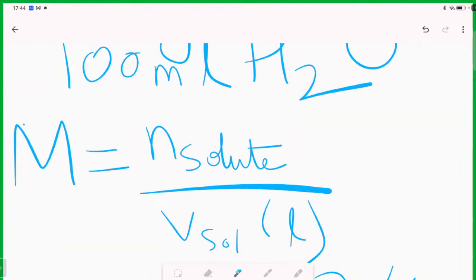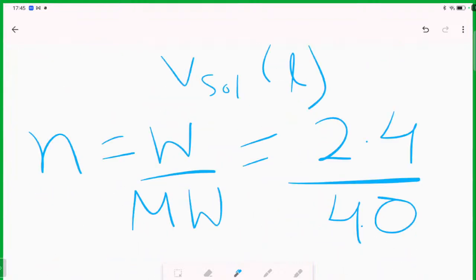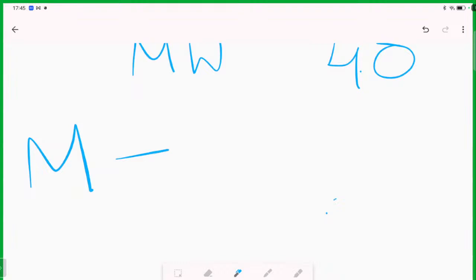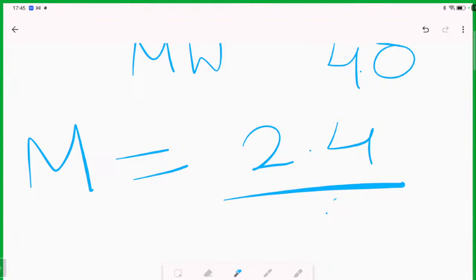How do you convert ml to liters? Ml to liters, we need to multiply by 10 power minus 3. 100 ml equal to 0.1 liter, right? So with this data, we have 2.4 divided by 40 into what is the volume? 100 into 10 power minus 3.